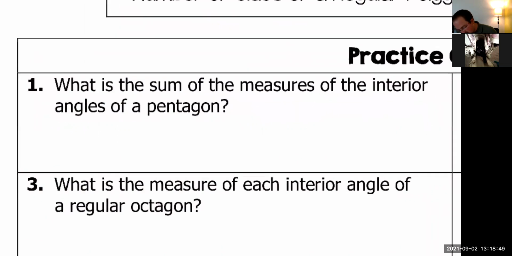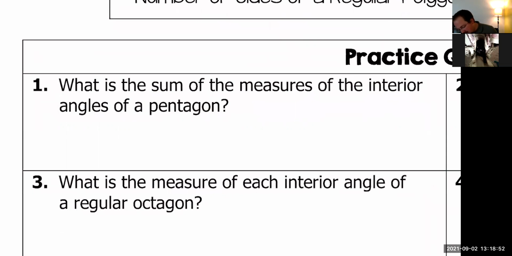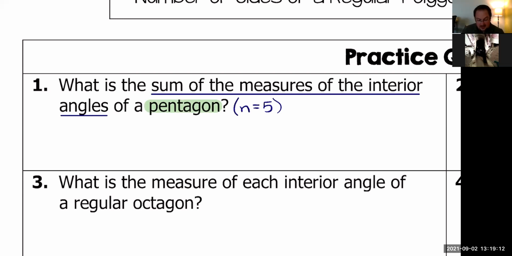So number 1, what is the sum of the measures of the interior angles of a pentagon? So sum of the measures of the interior angles, and the shape is a pentagon. So that means it has 5 sides. We want the sum of the interior angles. So we're going to use the first formula we wrote down up above.